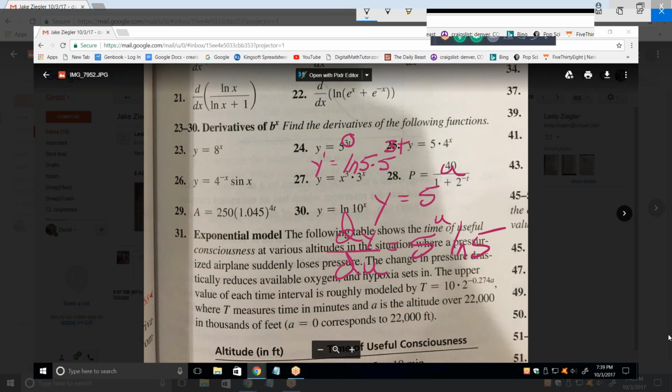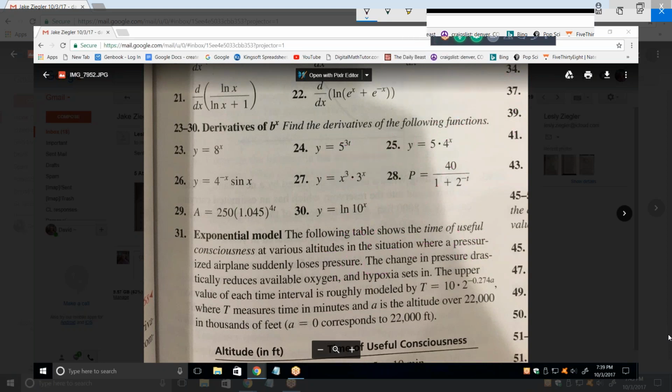Well, u was 3t, so du dx is 3. So that's the derivative of the inside. I got to multiply the whole thing by that 3. So that's all. I just added a 3 to the front of it because I had to take the derivative of the inside. Okay?